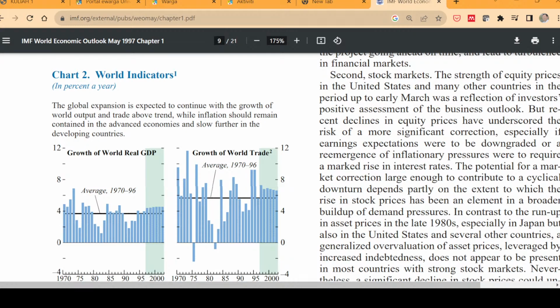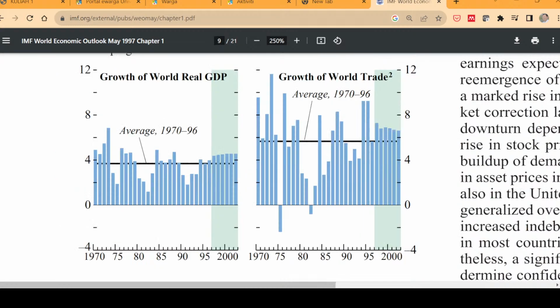First oil shock 73, second oil shock 79, and enter the 1990s. In the 1990s, you must remember the lost decade of Japan. Later on, first oil shock 73, look, not negative, but a reduction in world economic growth. Second oil shock, reduction in economic growth.